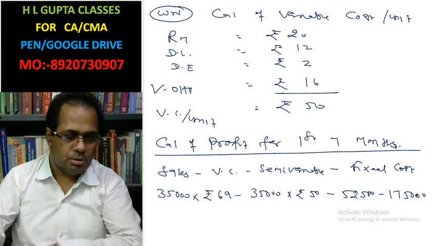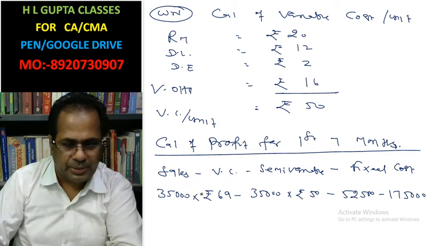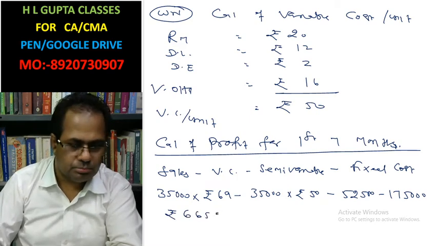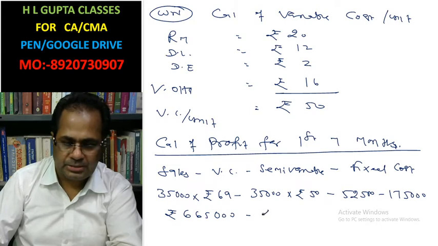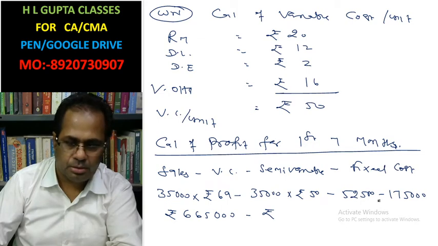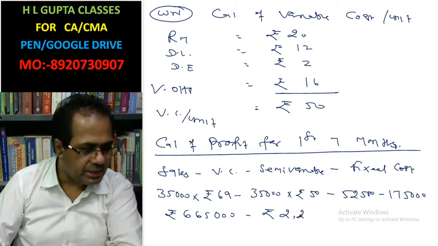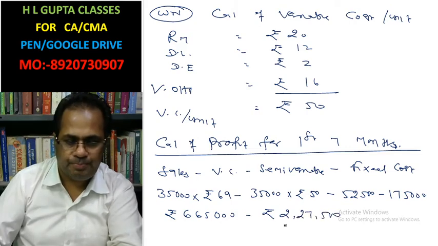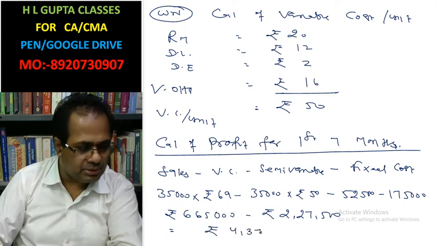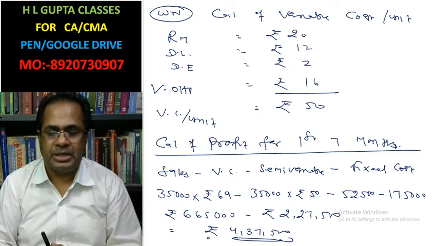The sales are 24,15,000, the variable cost is 17,50,000, leaving 6,65,000; minus 1,75,000 and 52,500 gives 4,37,500. This is the profit for the first 7 months.